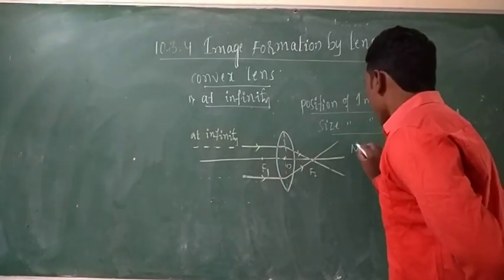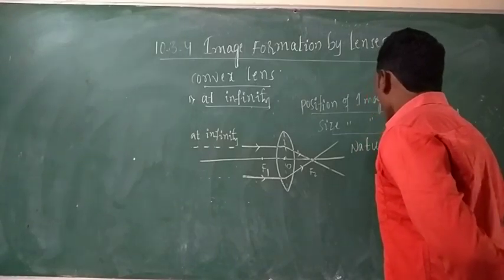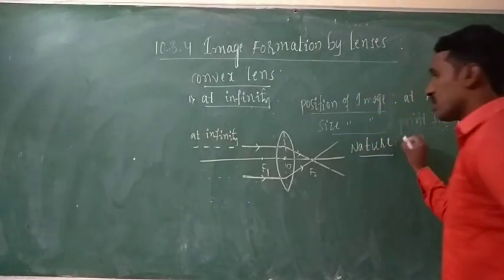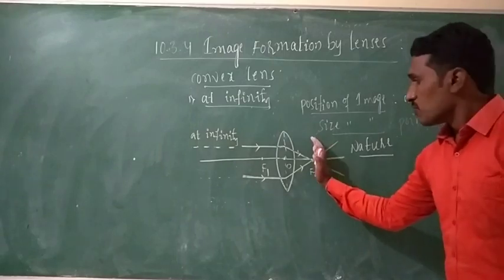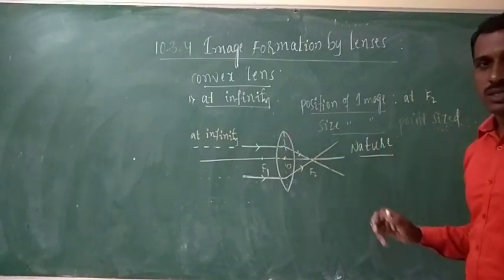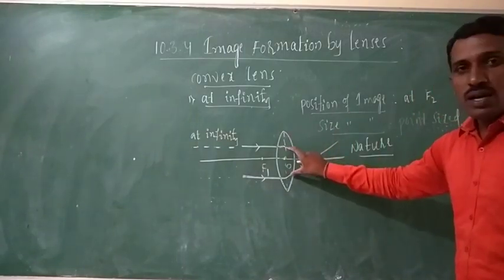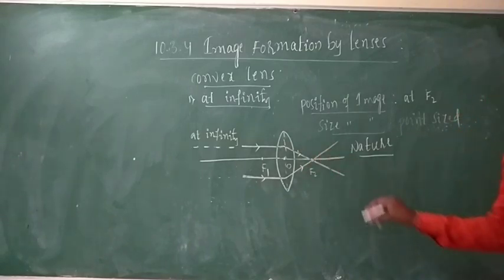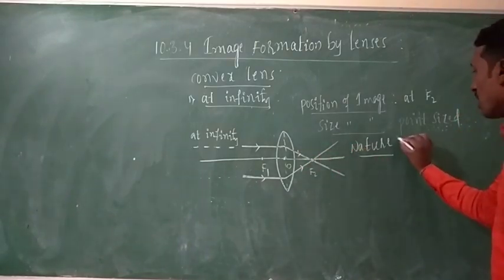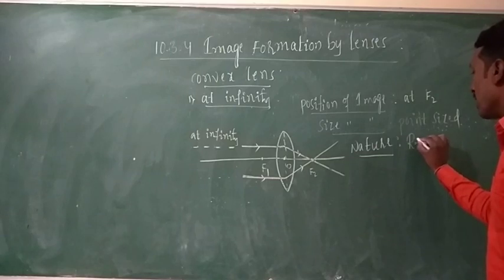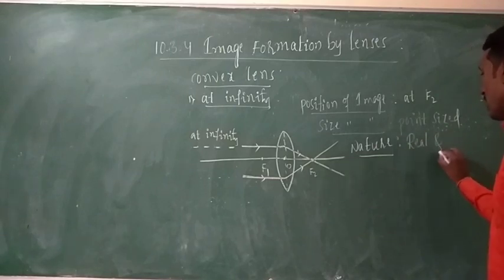Nature. What is the nature of the image here? Since the image is formed on the right side of the lens, the real refracted rays are meeting. So this kind of image is called a real and inverted image.